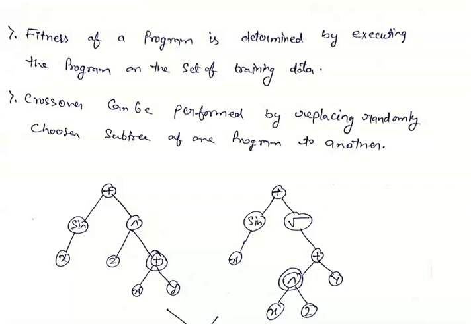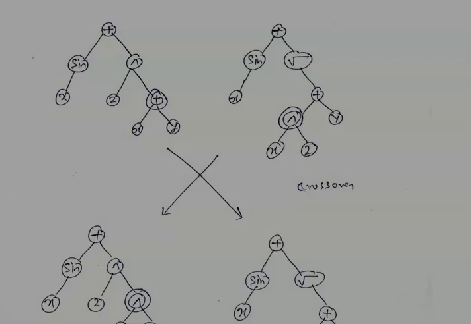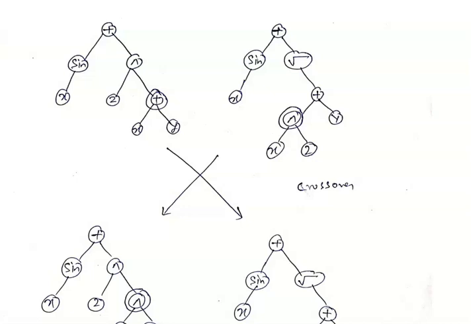So let us consider. Here we perform the crossover, and we double circle the part which we have to cross over. The crossover operation is applied to two parent program trees that are on the top, and the crossover points, represented by the double circles, are chosen at random.